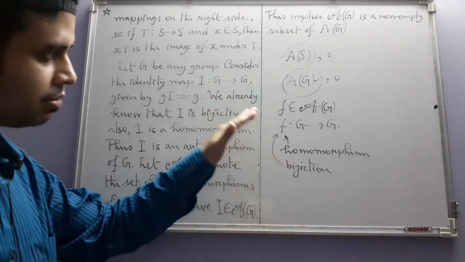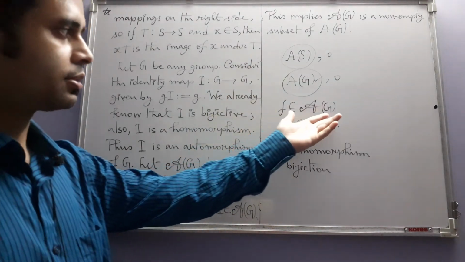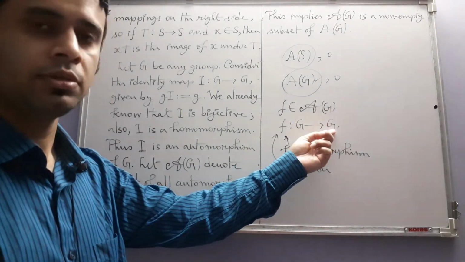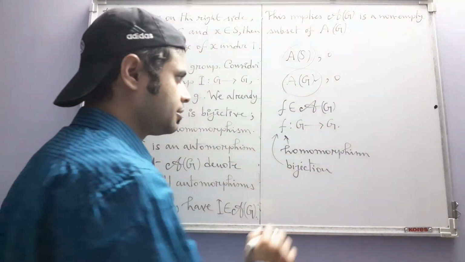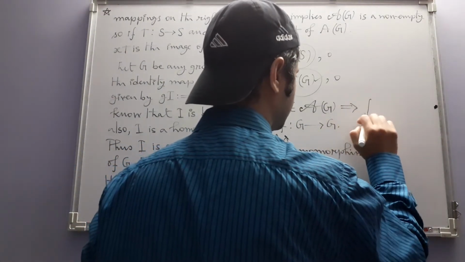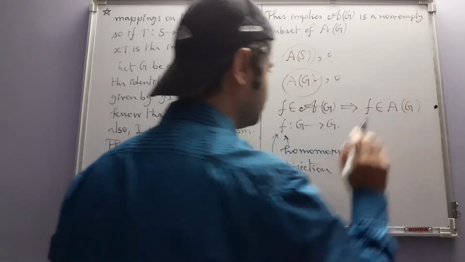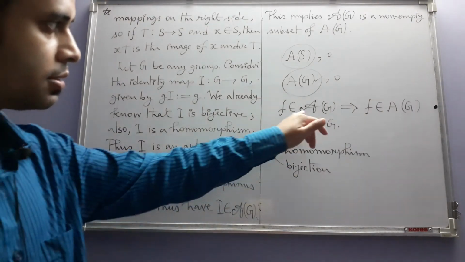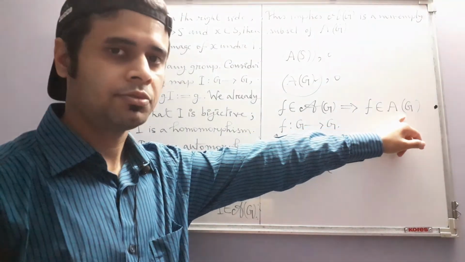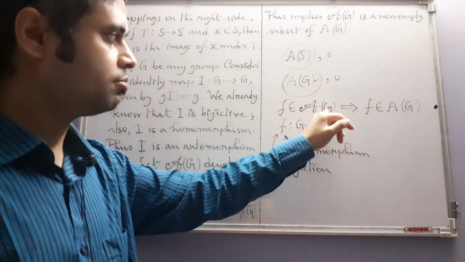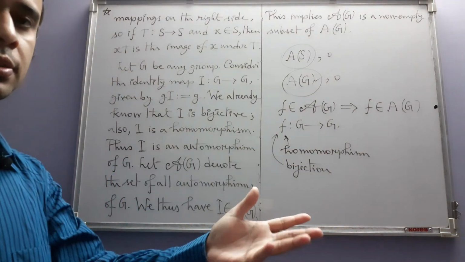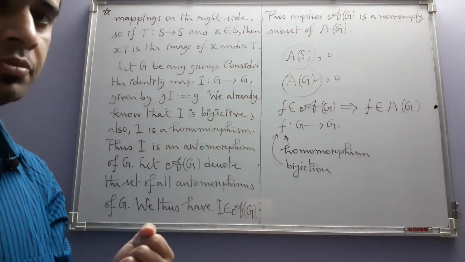So that means in particular f is a bijection from G to itself, and that just implies that f is in A(G). So this always is a subset of A(G), because in this we are considering those bijections that are homomorphisms of G.